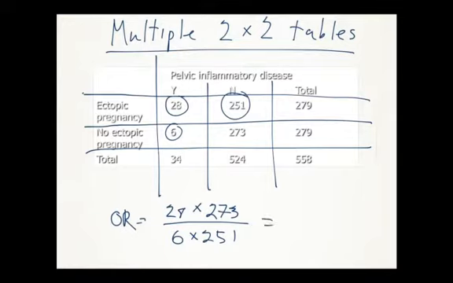And that would give us an odds ratio of 5.08. So we always want to know what we mean by that. That's the odds of ectopic pregnancy among those who have pelvic inflammatory disease. Okay? So always keep in mind what it is that you're creating an odds ratio for.